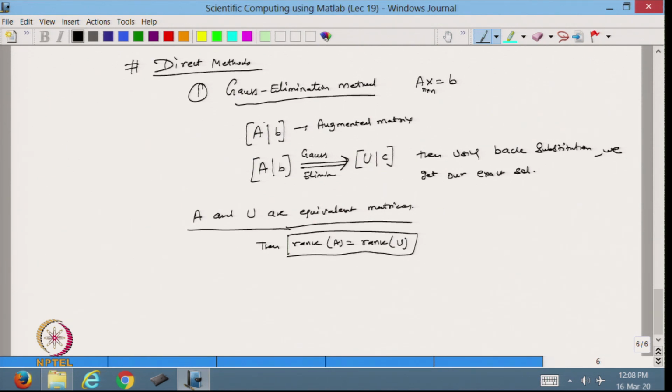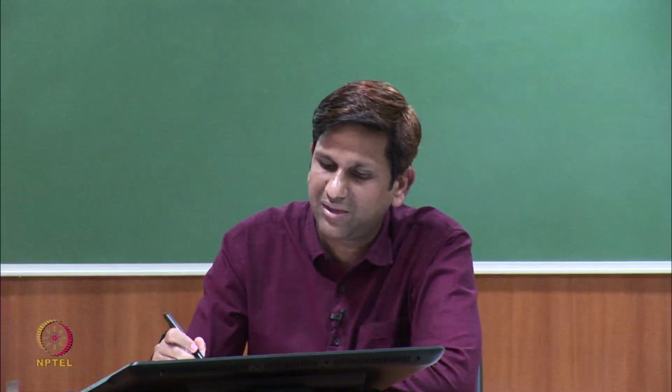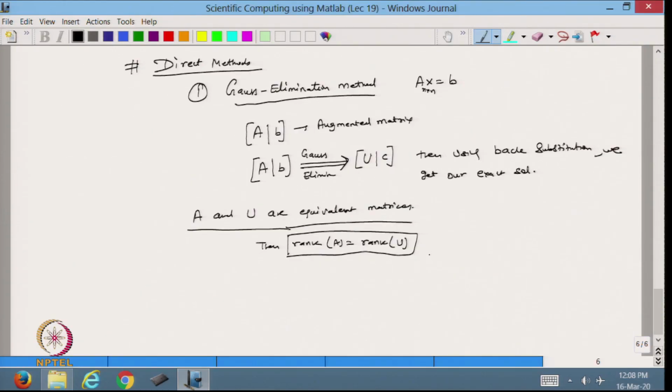So, by applying elementary operations we cannot change the nature of the matrix; we are only reducing the matrix into an easier form, that is an upper triangular or lower triangular matrix, and then we are able to solve the system with the help of back substitution if it is upper triangular, or forward substitution if it is lower triangular, but the rank will be the same. So, this is the Gauss elimination method.